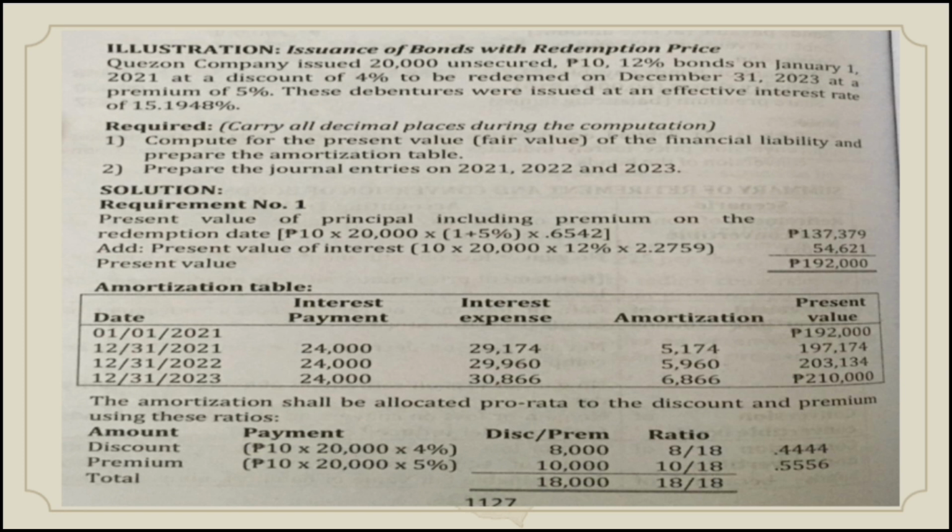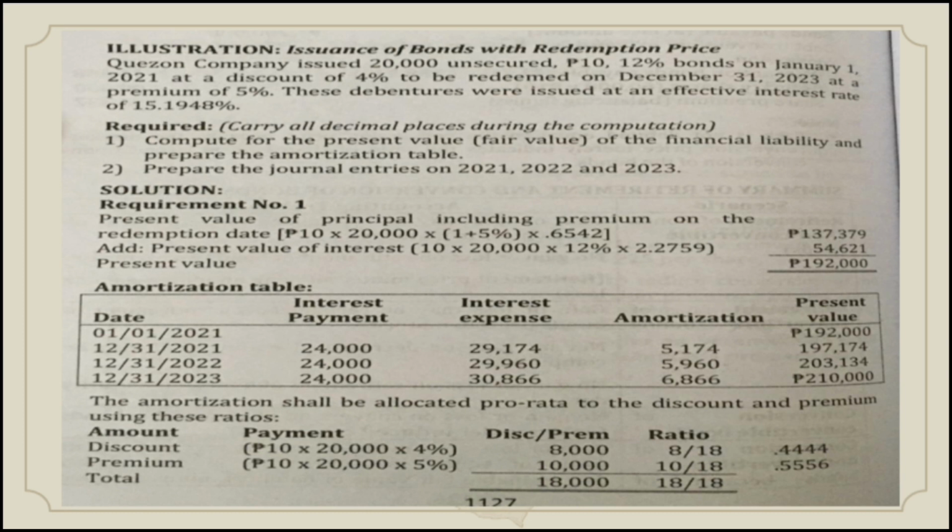We multiply it by 1 plus the premium of 5%, because this is including premium on the redemption date, and then times the PV of 1, which is 1 over 1 plus 15.1948% raised to 3, because it is 3 years, from January 1, 2021 to 2023: 21, 22, and 23.